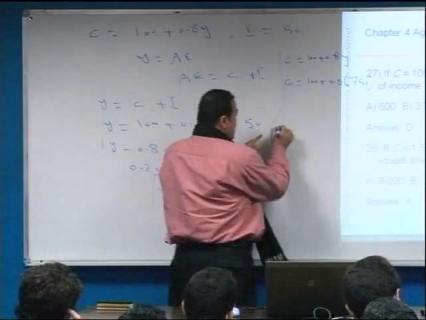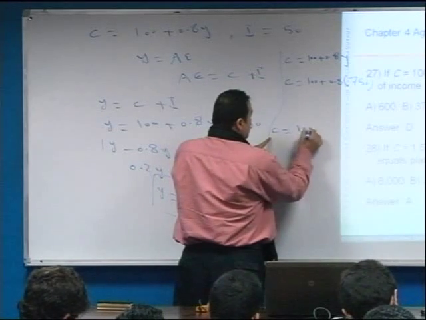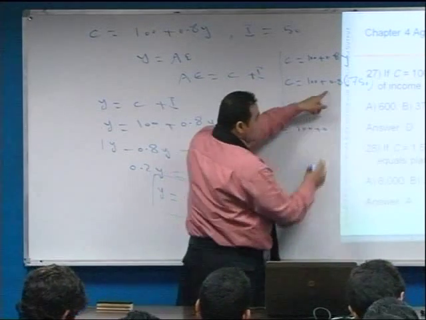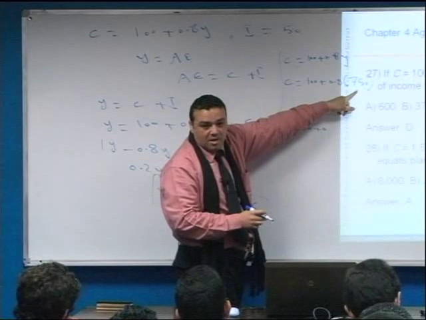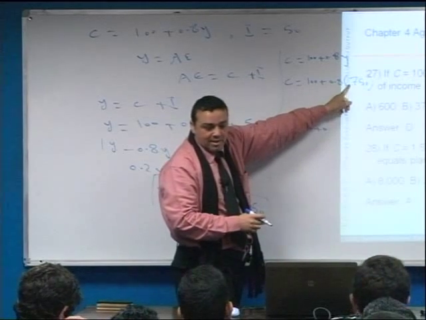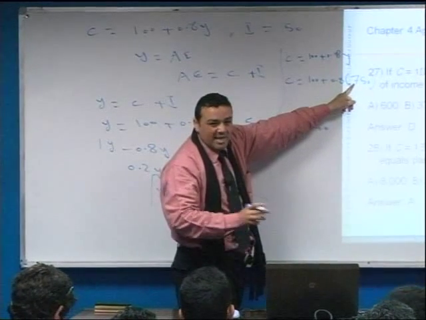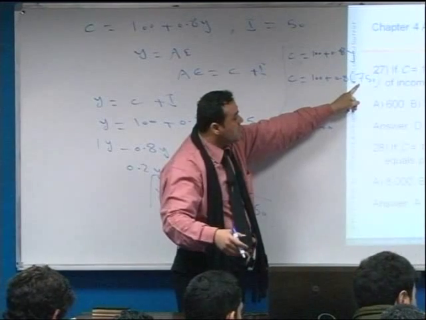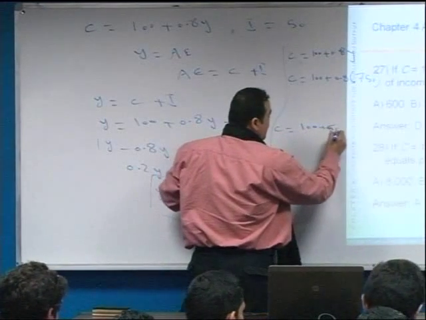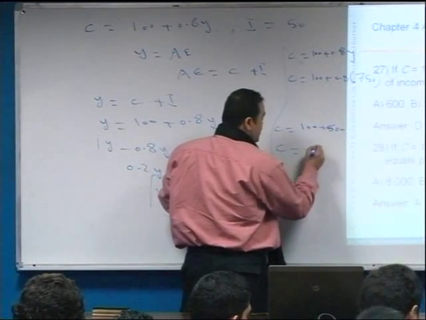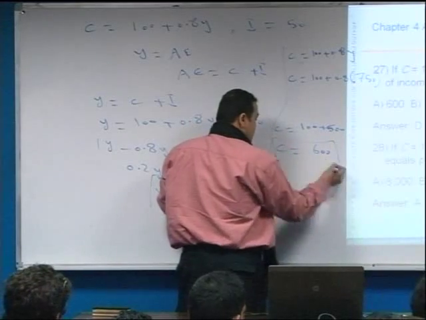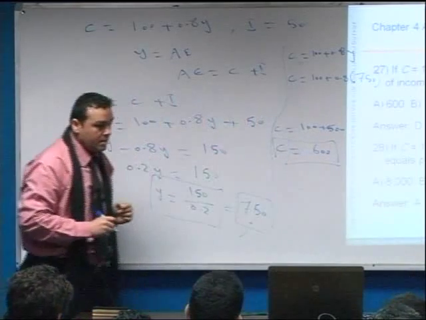So C equals 100 plus 0.8 times 750. How much? Okay, 100 plus 500. So C equals $600 million, right?